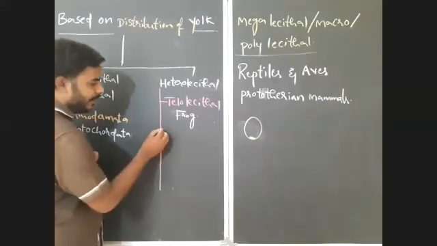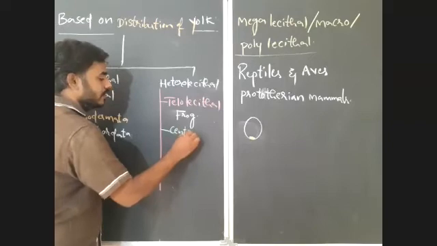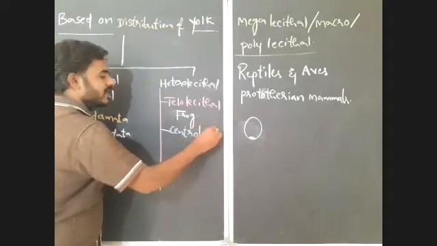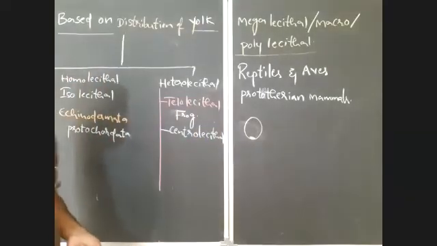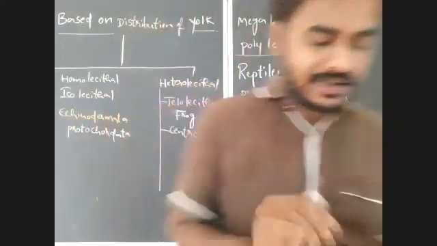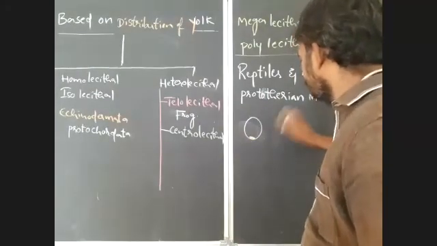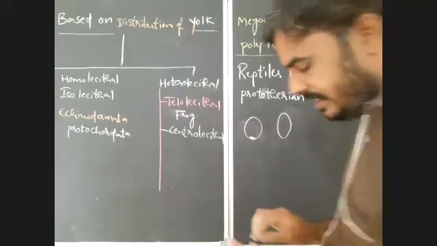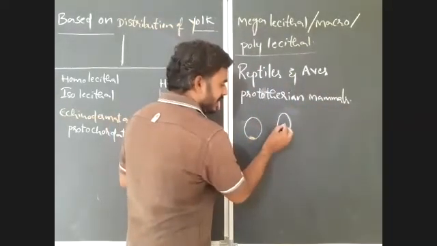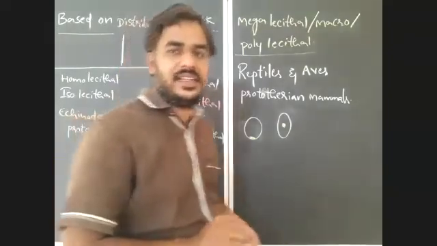Next is centrolecithal. So the name itself indicates the location of yolk. Observe here. If it is the egg, in this egg, the yolk is accumulated at the center.